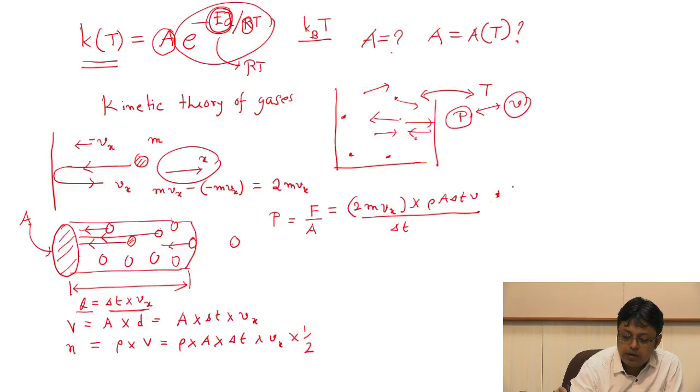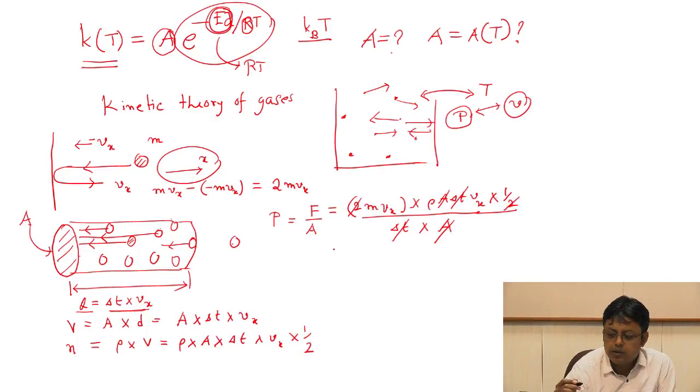So let us just write the half here, Vx into half, and now you can see this 2 and this half cancel, and also I am dividing by area to get pressure. This arbitrary area cancels and this delta t cancels, so these are just arbitrary parameters.